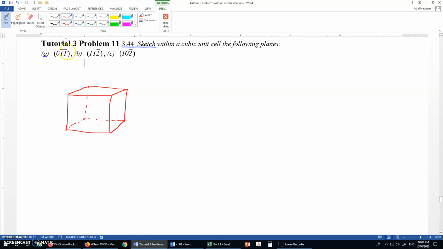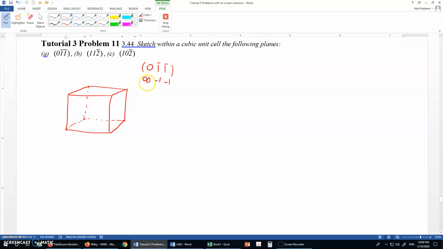So we have to draw a plane 0, 1 bar, 1 bar. So we will adopt a procedure in which I will take the reciprocal of these values. So 0 will be infinity, 1 bar will be minus 1, 1 bar will be minus 1.